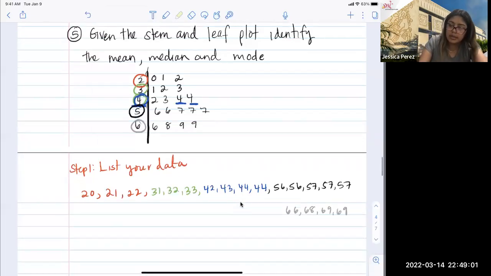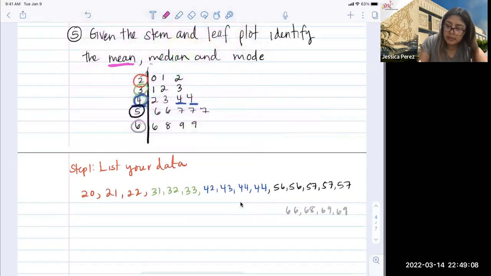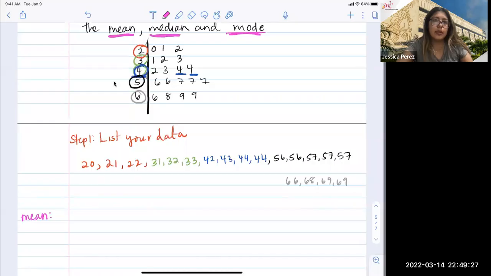Now we need to find the following: the mean, the median, and the mode of this data. So the mean, all we have to do is add them and divide by the quantity. So let me punch that in the calculator here.